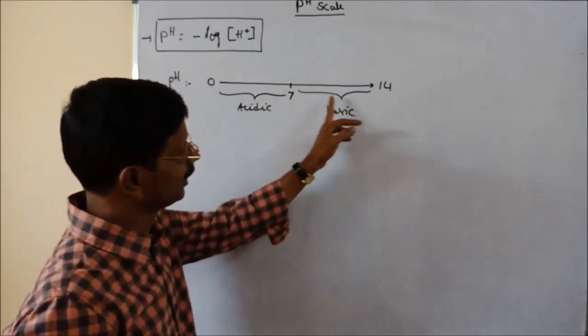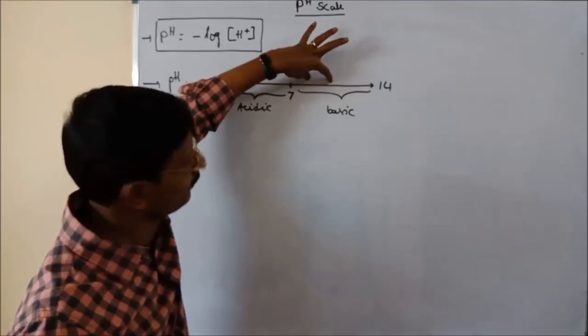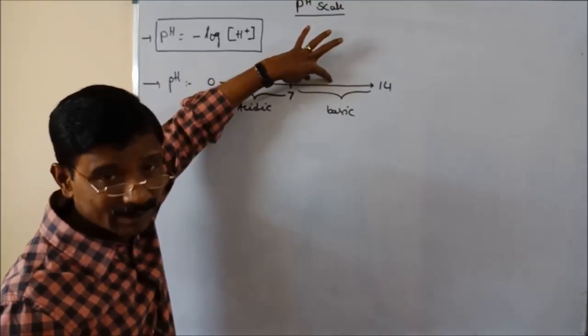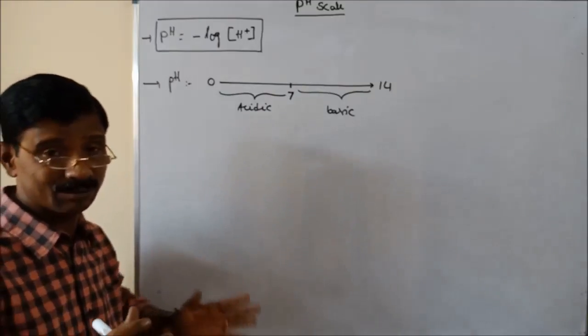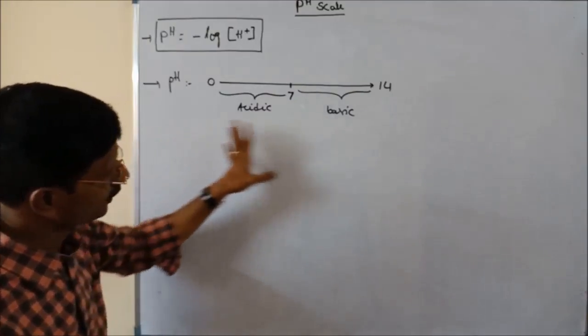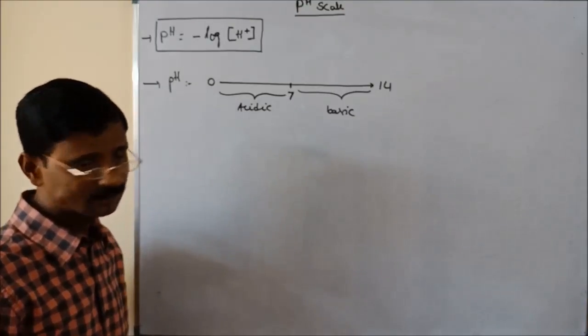And from 7 to 10.5 it is weak base, and near to 14, that is strong base in case of basic solutions. Anyhow, that is the pH scale at 25 degrees centigrade.